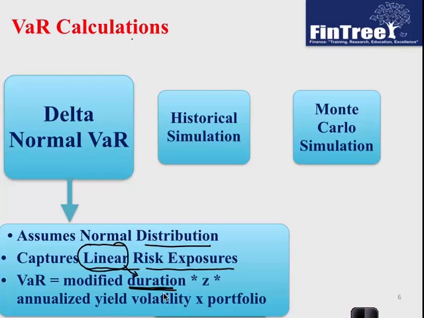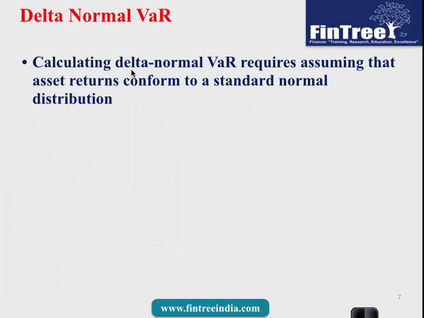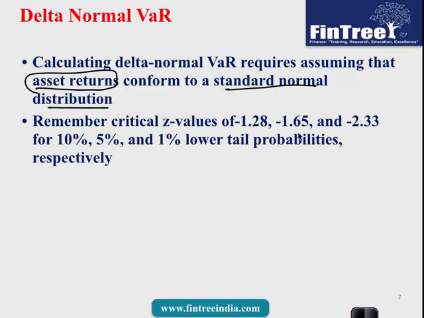Are you done writing this? So same point. Calculating delta normal VaR requires assuming that asset returns conform to a standard normal distribution. Remember these critical values explicitly: 1.28, 1.65 and 2.33.